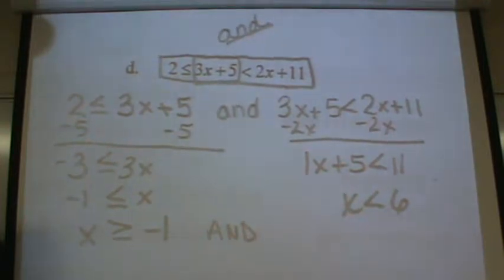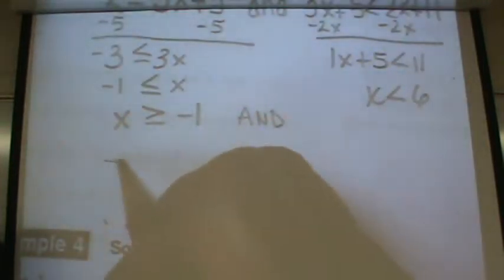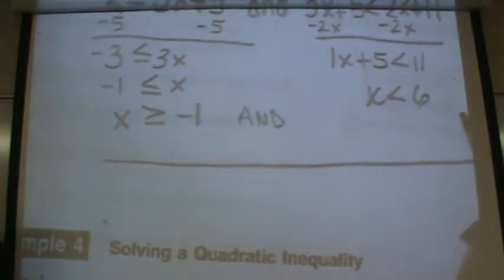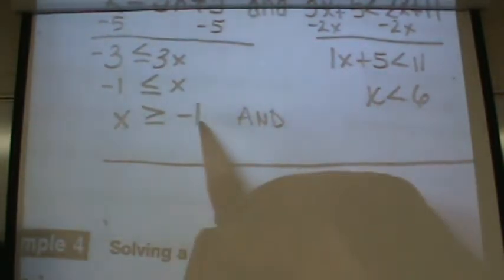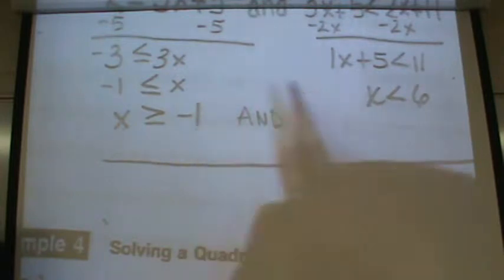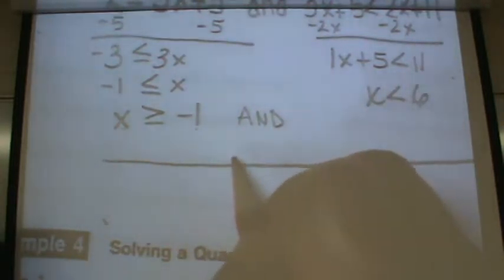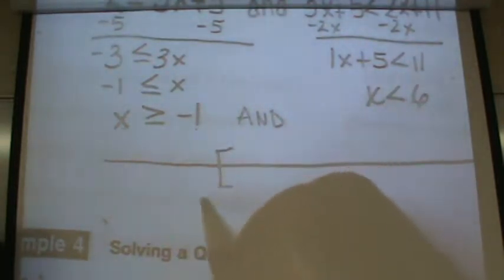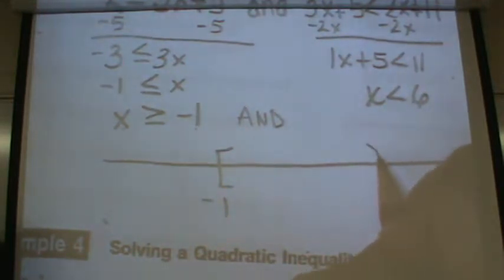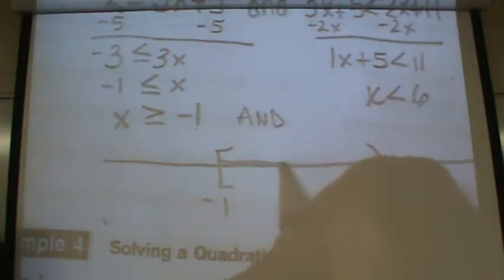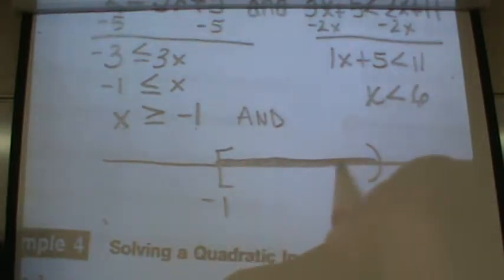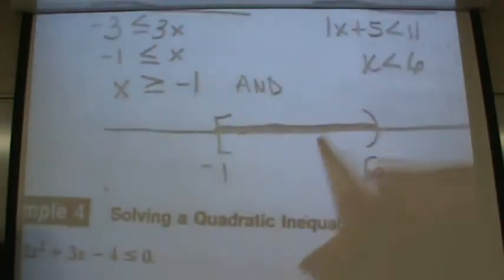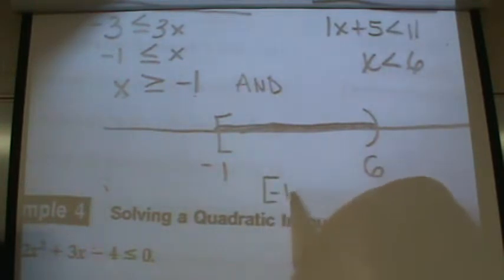Less than 6. So this is an and. Where are all the values greater than or equal to -1 and less than 6? What is my graph going to look like? Bracket at -1, and then parenthesis at 6, and then shaded in between. And now what would my interval notation look like? -1, comma, 6, with a bracket and a parenthesis.